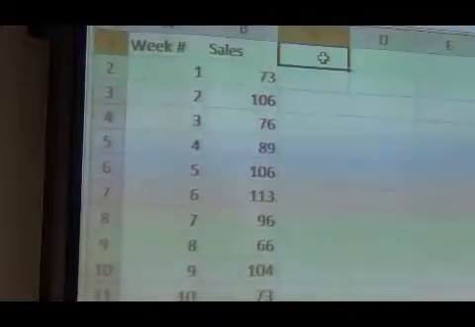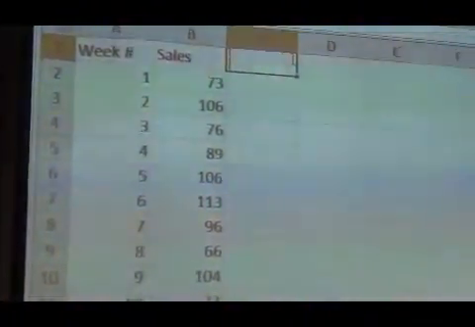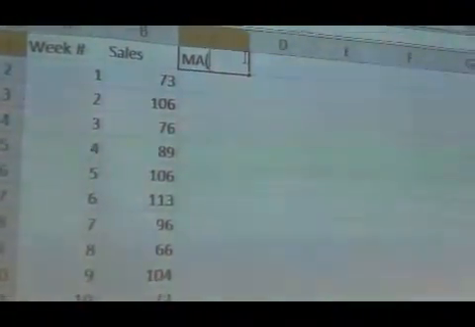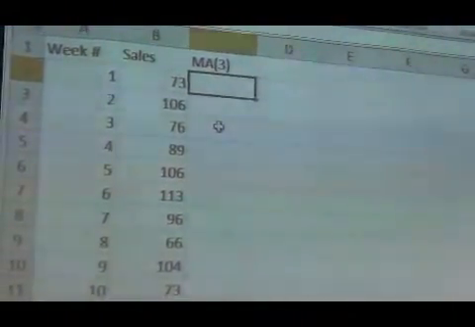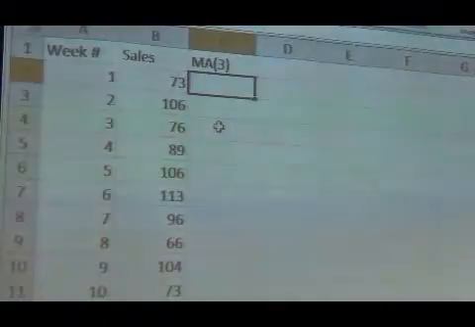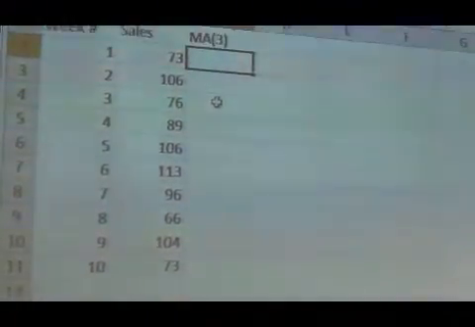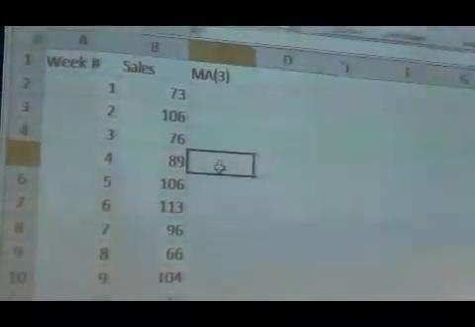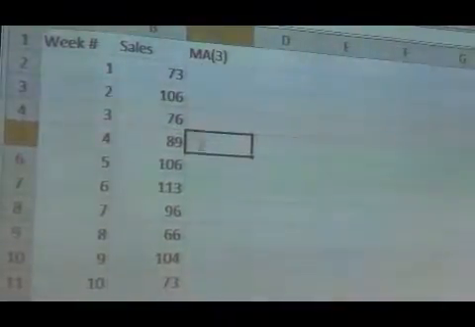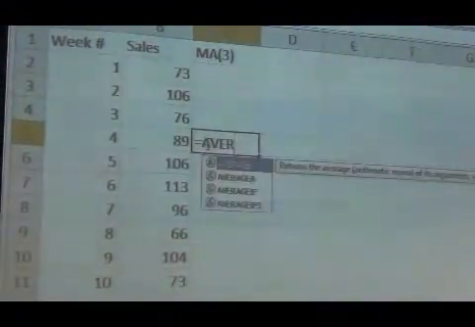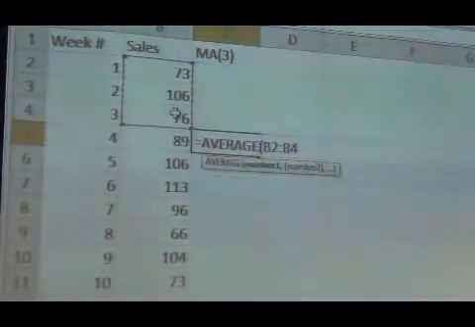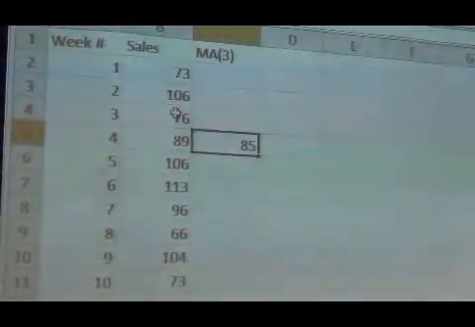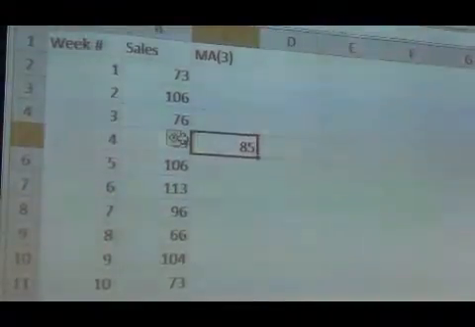And let's say I wanted to compute a moving average model with 3 weeks. So after 3 weeks, I can compute the average and use that as my predictor for the following week. So let's say in week 4 is where I could compute the average that I've seen of weeks 1 through 3, okay? And that would be my prediction for week 4.